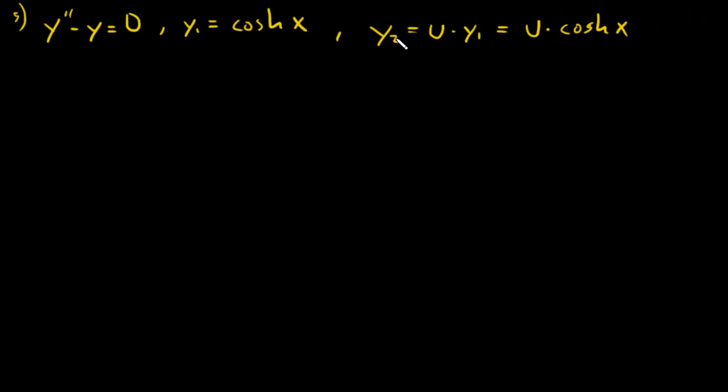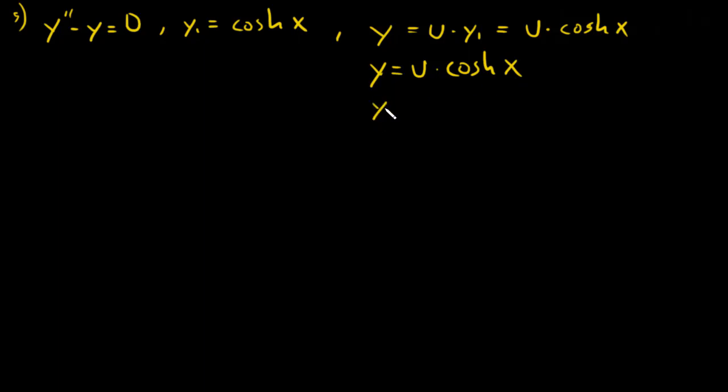So that's my y2, which I'm just going to call y, because I don't want to have to do a whole bunch of y sub 2's. So this is my second solution, equal to some u times my first solution. So this right here is y equals u times hyperbolic cosine, cosh of x.